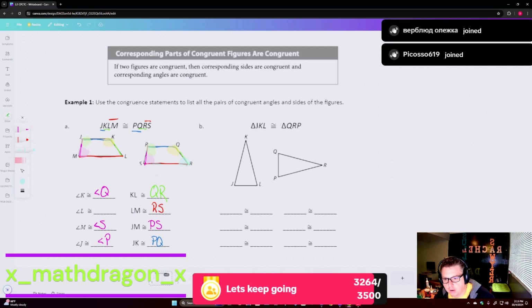We have R and L. So those angles correspond with each other as well. So angle R. All right. So each of the pieces has the same correlating part with the other figure. So here's figure 1 that gets mapped onto figure 2, or figure 2 gets mapped onto figure 1. Just depends on where you start to where you finish.